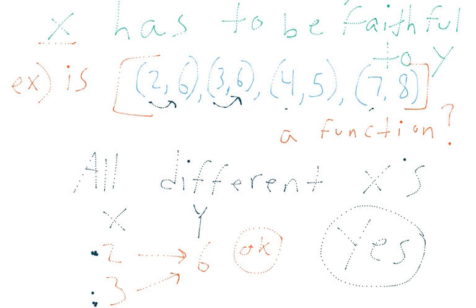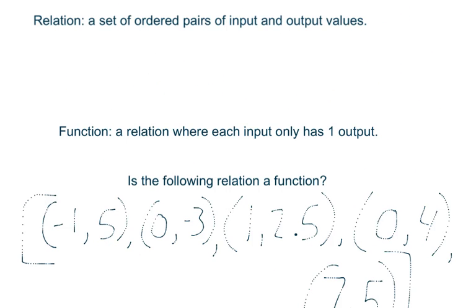Let's see one that isn't. Here I've got a relation with these 5 points, the same 5 points from a few examples ago. So is this a function? Quickly I can figure this out by mapping it. I just list all my x's, my inputs, and all my y's, the outputs. For the x's, I've got -1, 0, 1, 0 again, but don't repeat, and 7.